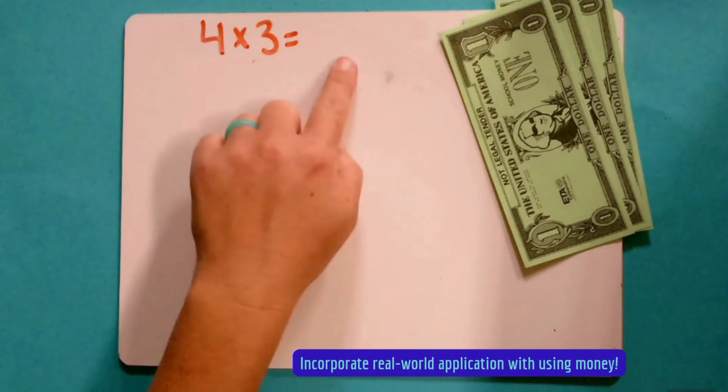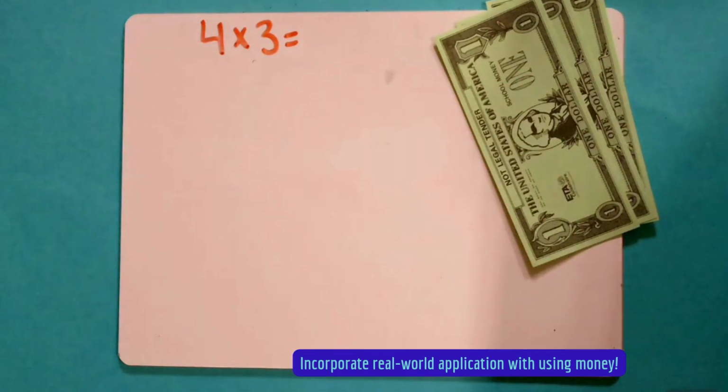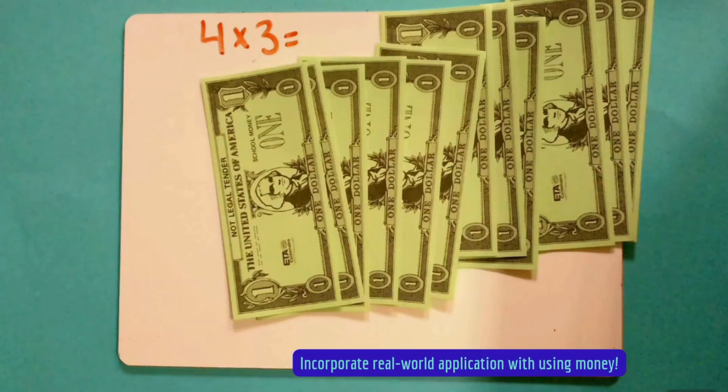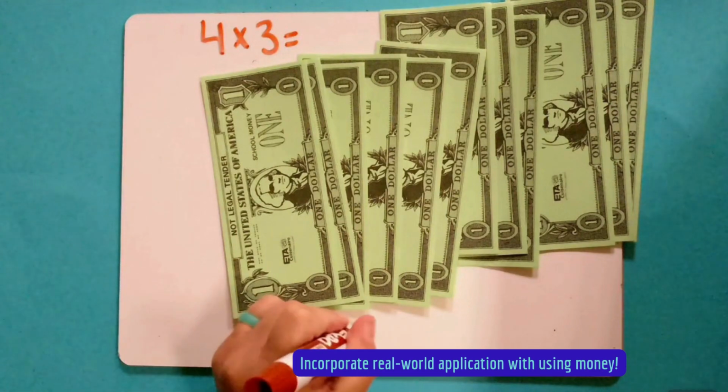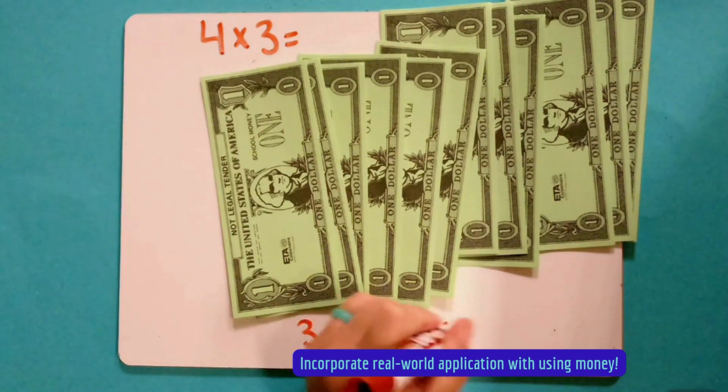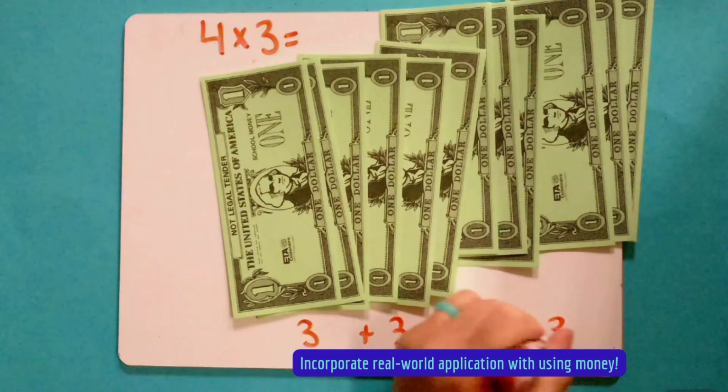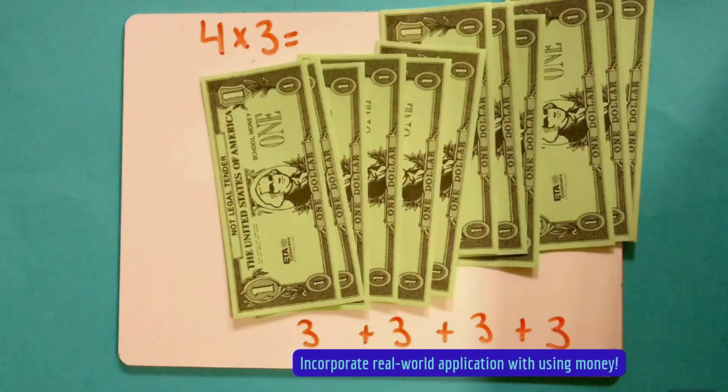Tying in money helps apply these strategies to real-world application using ones, tens, and hundreds. Students can still build a representation and use the skip count or repeated addition strategies from earlier.